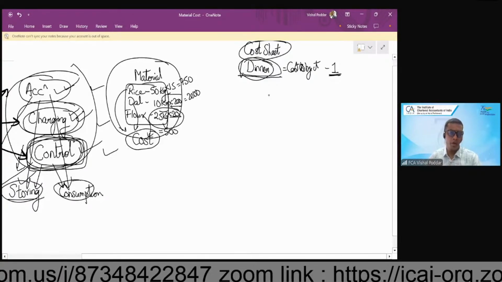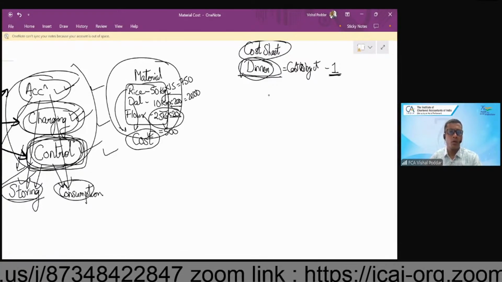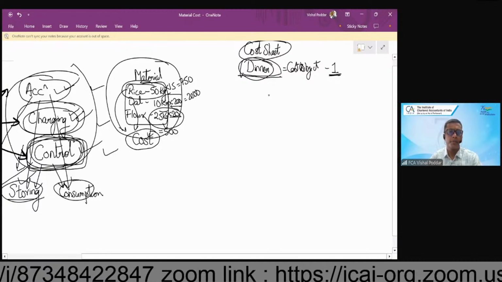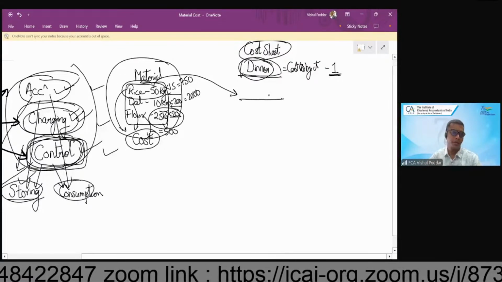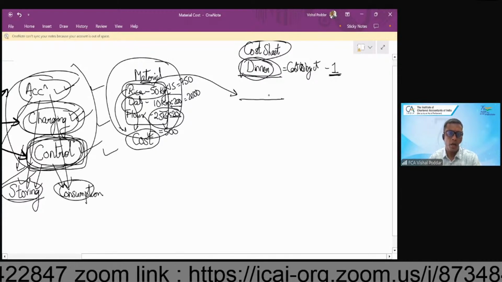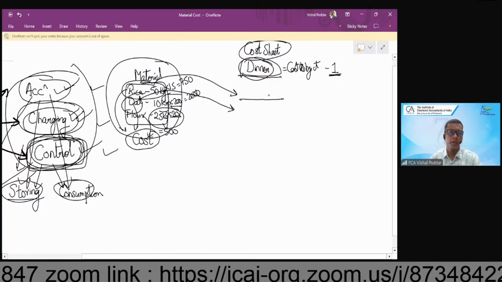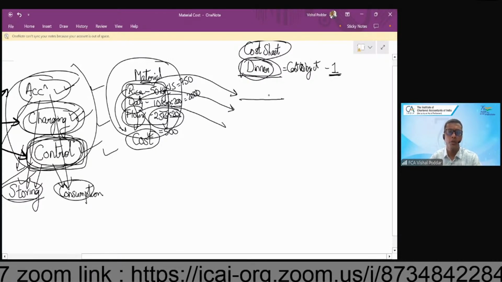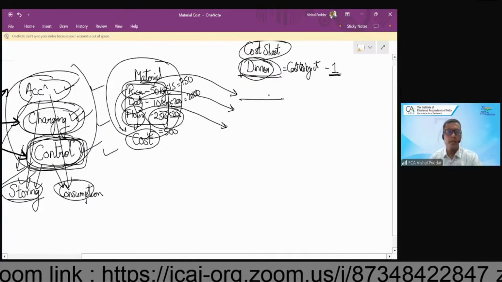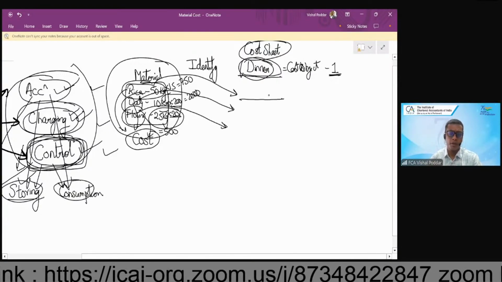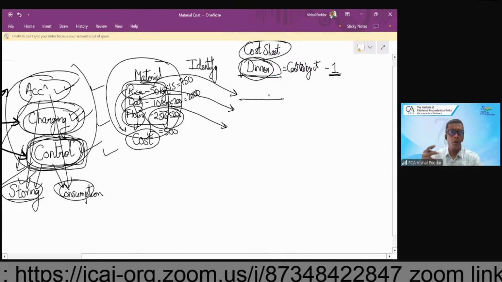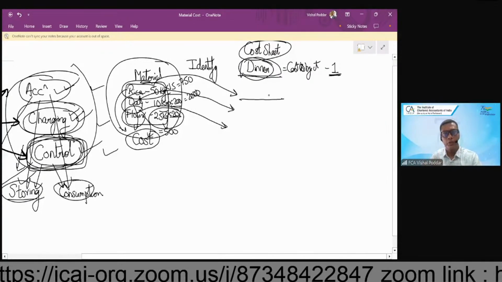Now, how will I do it? I will have to find out, of the rice, how much rice I consumed yesterday. Out of dal, how much was consumed yesterday? Out of the wheat flour, how much was consumed yesterday? This I will identify. Just try to recall my first lecture. And please be regular to all lectures because we are studying the costing subject for the first time.